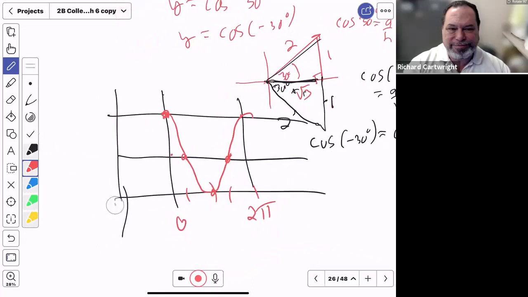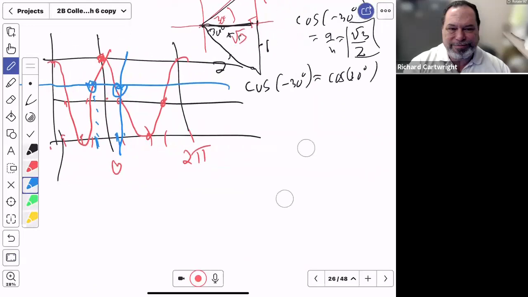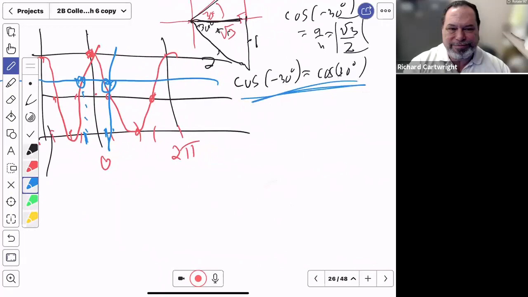If I go this way and cut it up into the 4 tick marks again, it starts at the top, comes down, goes up. So what happens? 30 degrees is about here. There's the y value. Negative 30 is about here. Y value. Notice the y value is the same. They are the same answer.